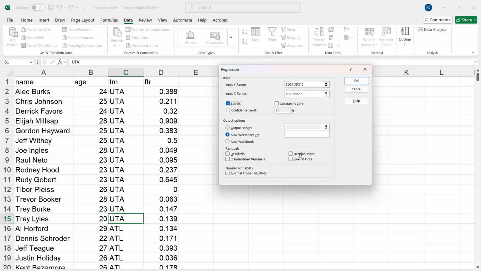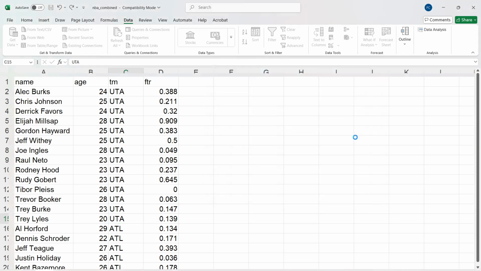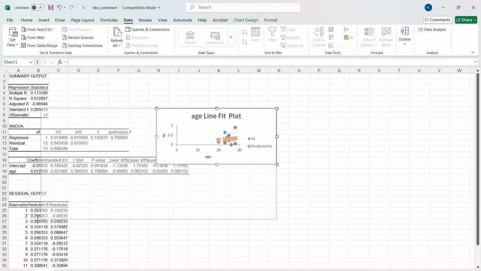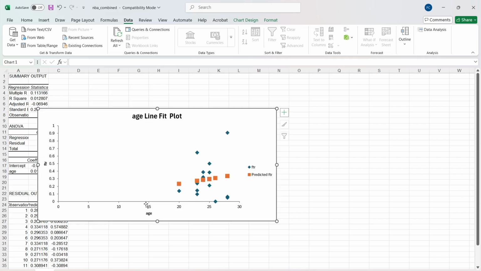Suppose I need the residual, but I wouldn't mind seeing something like a line fit plot. And yeah, okay. So there's my line fit plot. Interesting. So no zero or negative ages here, but as you see, it's pretty noisy data.